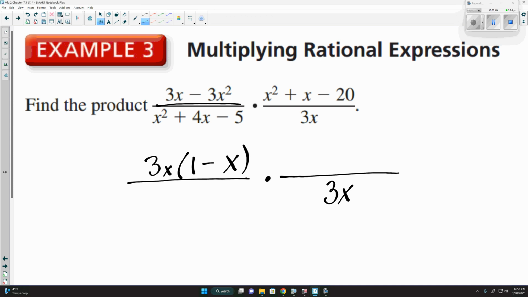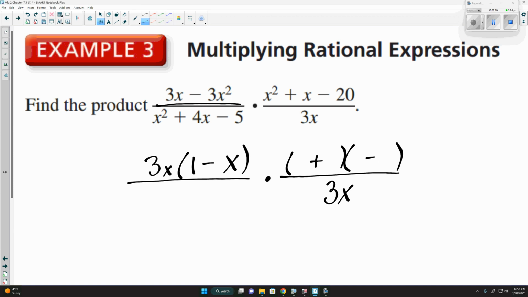Now we need to decide if we're going to factor the x squared plus 4x minus 5 or the x squared plus x minus 20. Which one do we want to factor first? x squared plus x minus 20. We'll factor it first. So we'll have our two sets of parentheses because there's no greatest common factor. Since the 20 is negative, our signs are opposite. One's going to be positive, one is negative.